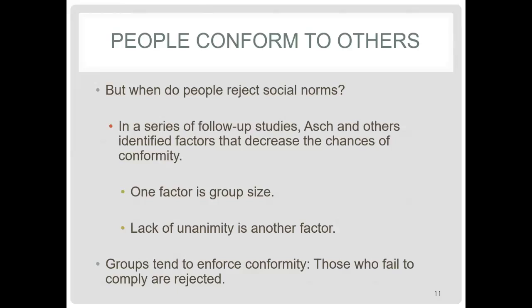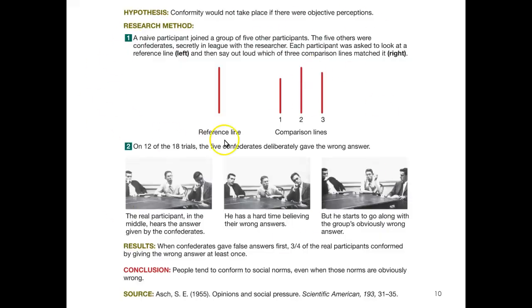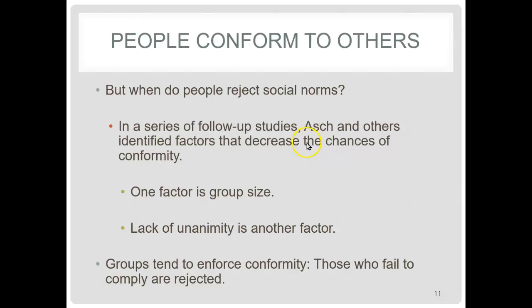If the group is unanimous, like they tended to be in Asch's line study, most of the time the group was unanimous. Occasionally, it would be 4 out of 5 confederates giving the wrong answer. But when the group is unanimous, we are very likely to conform. When they're not, we are much less likely to conform.